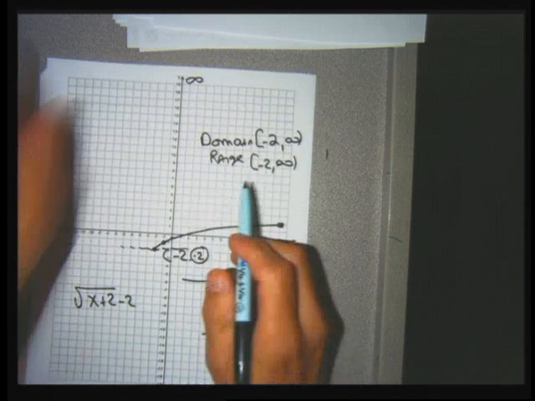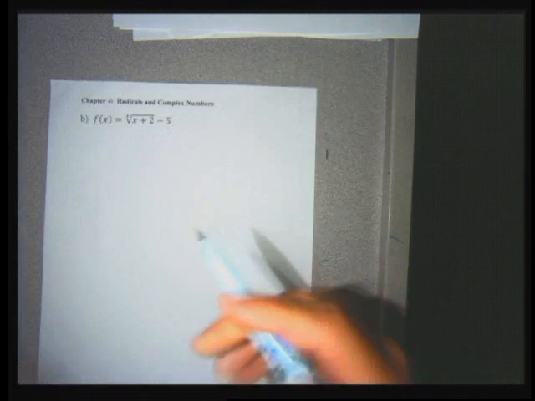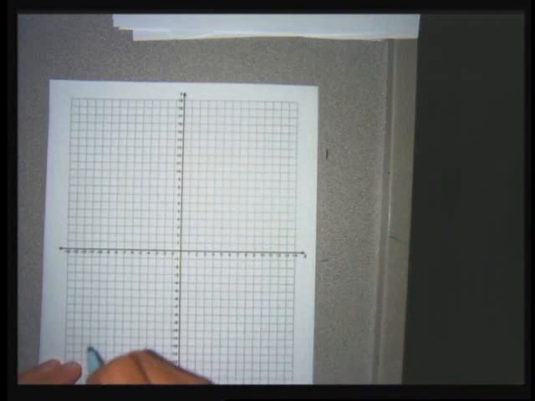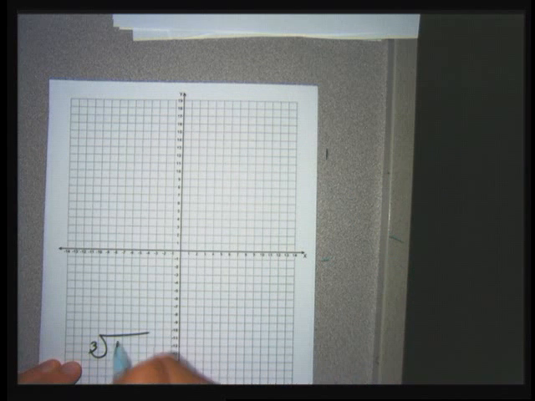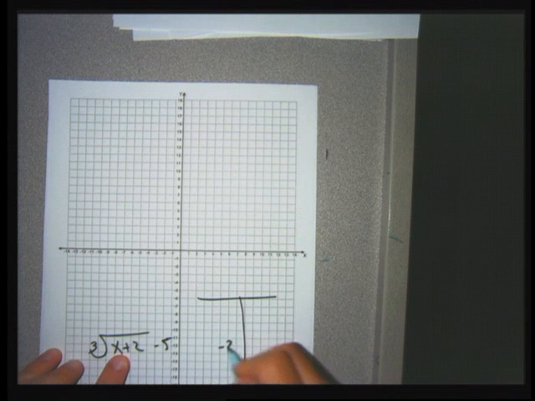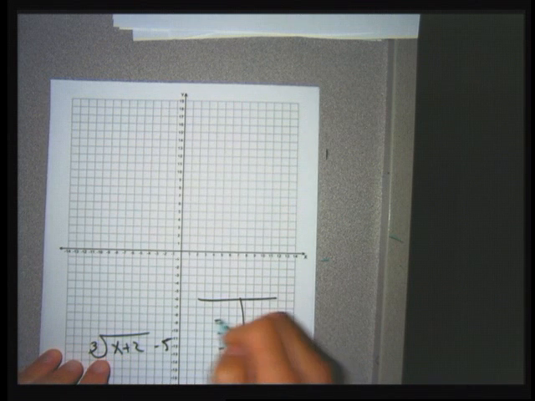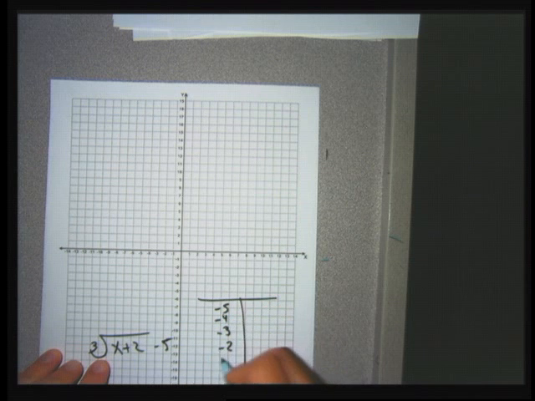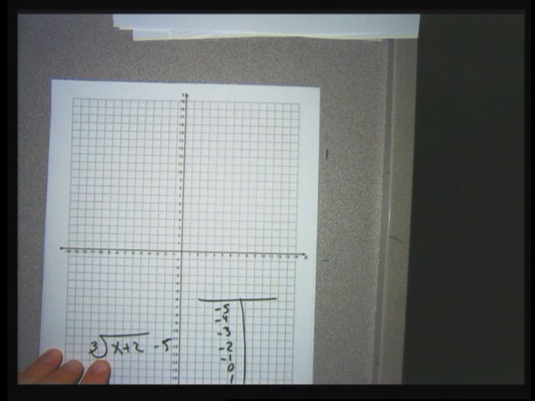All right, the last problem we're going to do today is the cube root of x plus 2 minus 5. So let's do that. For my table, take that 2, change it to a negative 2, then do negative 3, negative 4, negative 5, negative 1, 0, and 1.